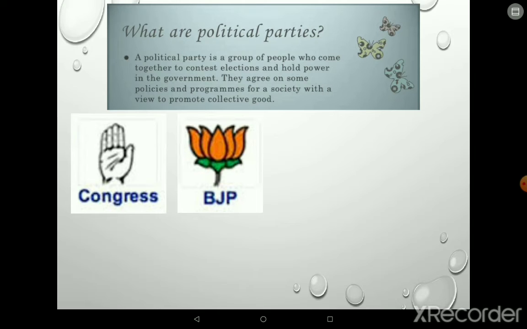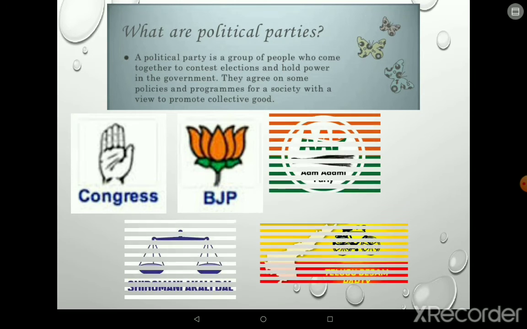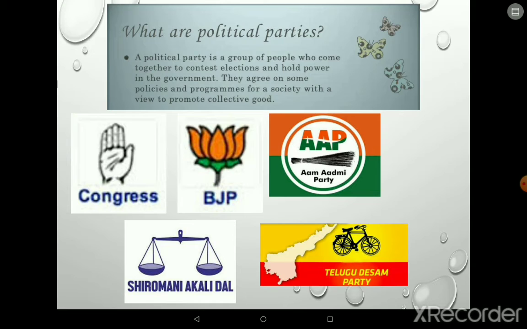Other parties are also formed in certain regions of India or certain states or places of India, and they are known as regional parties. Here are some examples of regional parties: Aam Aadmi Party, AAP, Shiromani Akali Dal, and Telugu Desam Party.